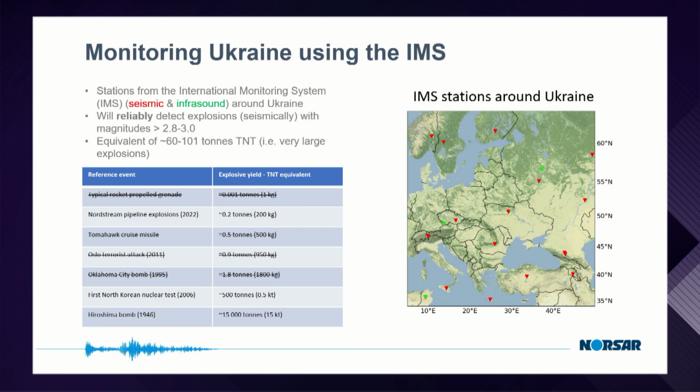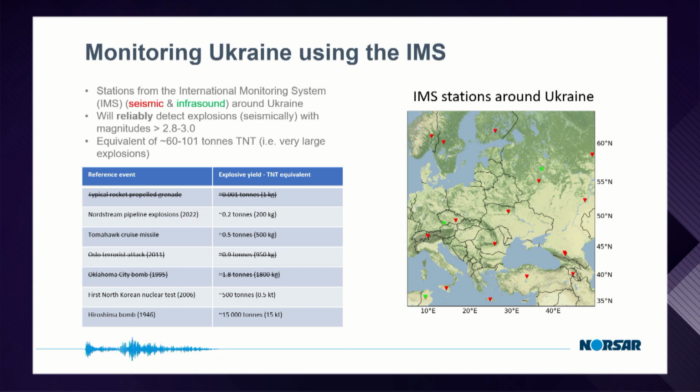And actually, as a seismologist, we talk about seismic magnitudes, which you often hear about, and we can pick up between 2.8 to 3.0 magnitude. And there are some ways of converting this to an explosive yield. In this case, that corresponds to being able to reliably detect explosions of at least 60 tons.